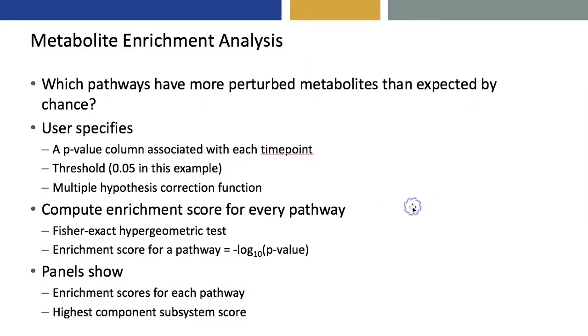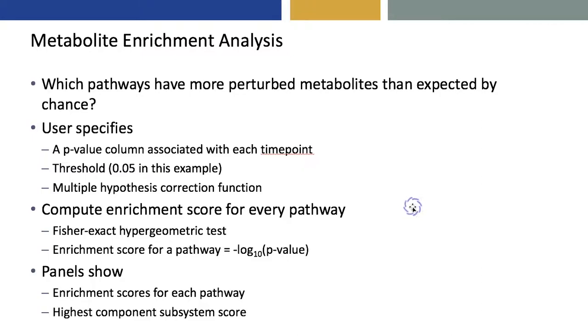Now, another facility available within the dashboard is performing metabolite enrichment analysis, which asks which pathways have more perturbed metabolites than were expected by chance. And to use the enrichment analysis mode of the dashboard, the user has to provide a p-value column that's associated with each time point, as well as a threshold for what significance values to accept.